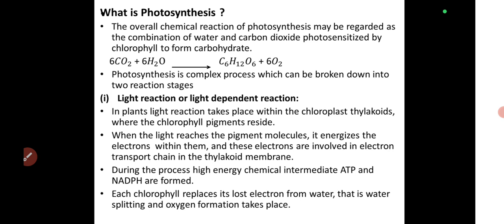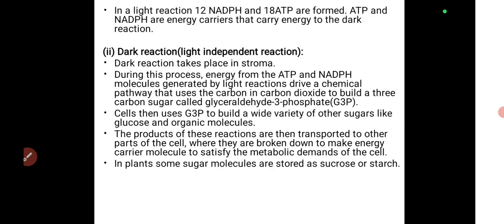Water may be decomposed to hydrogen and oxygen, and during the process the electrons are ejected and those electrons are captured and filled in chlorophyll. And that's how oxygen is produced during photosynthesis. So each chlorophyll replaces its lost electron from water. That is, water is splitting and oxygen formation takes place.